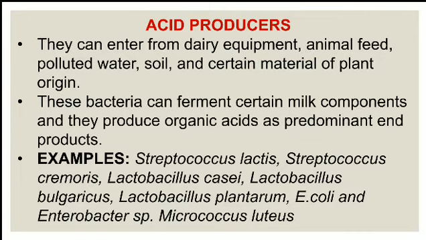The examples of acid producer bacteria are Streptococcus lactis, Streptococcus cremoris, Lactobacillus casei, Lactobacillus bulgaricus, Lactobacillus plantarum, E. coli, Enterobacter species, and Micrococcus luteus.